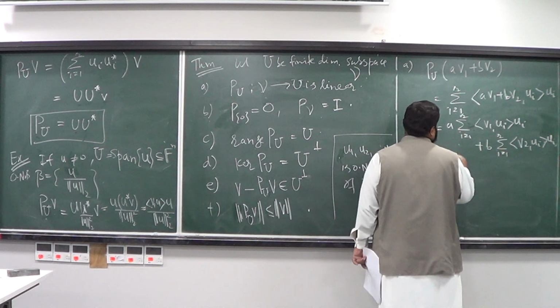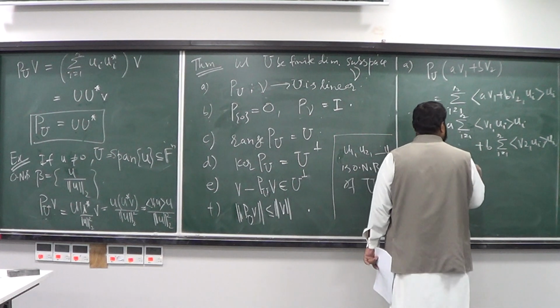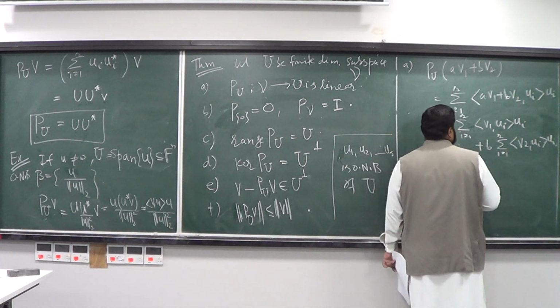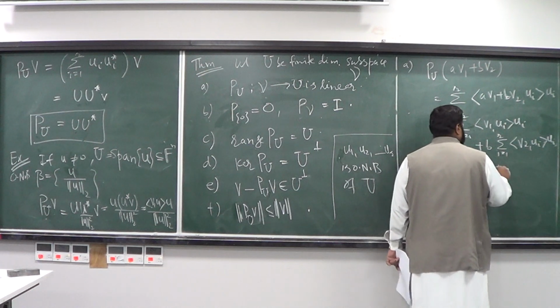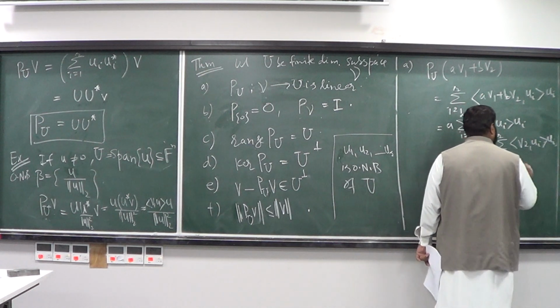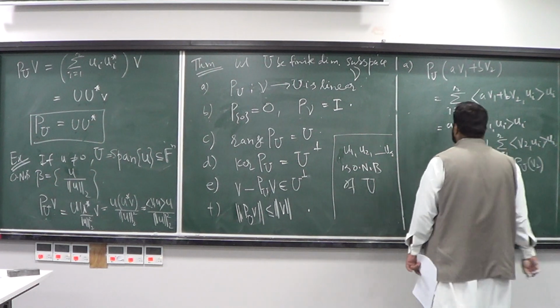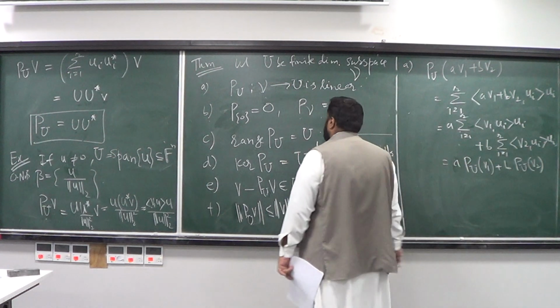And this is the same as a times the orthogonal projection of V1 onto U plus b times the orthogonal projection of vector V2 onto U, and this shows that PU is linear.